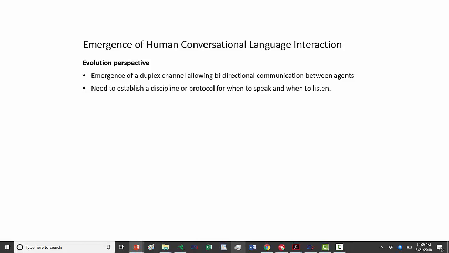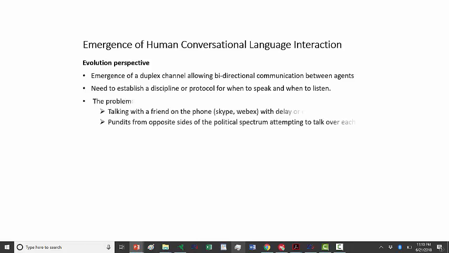They had to establish a discipline or protocol for when to speak, when to listen, among the other capabilities to do speaking and listening. But we want to focus on the discipline or the protocol.